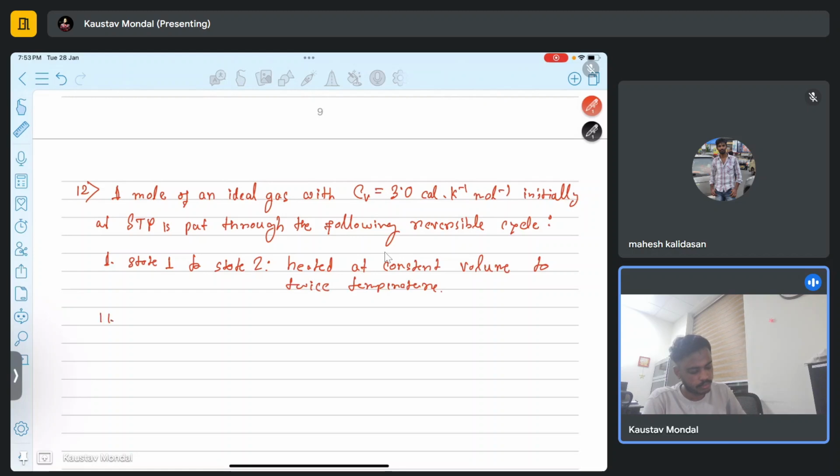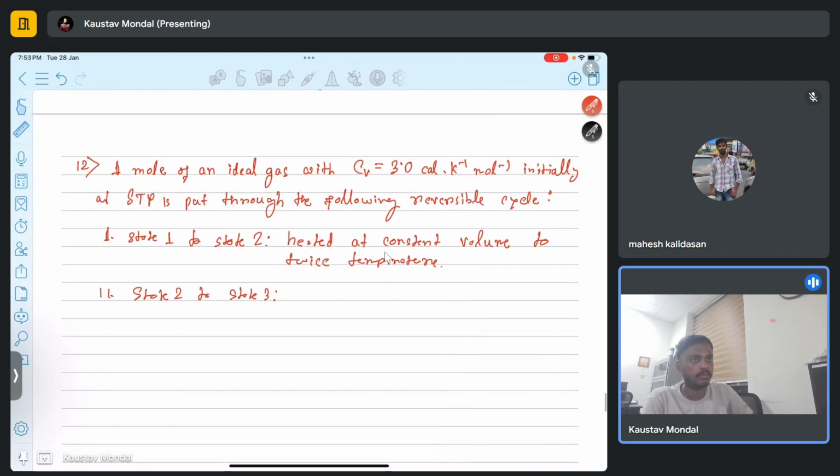During the second process, from state 2 to state 3, the gas expands adiabatically back to its initial temperature.